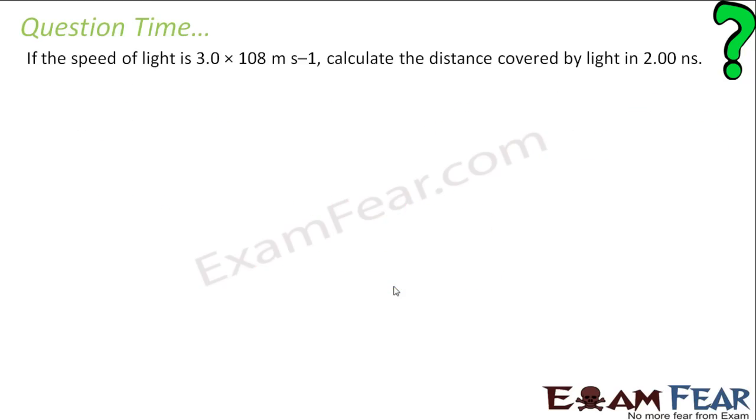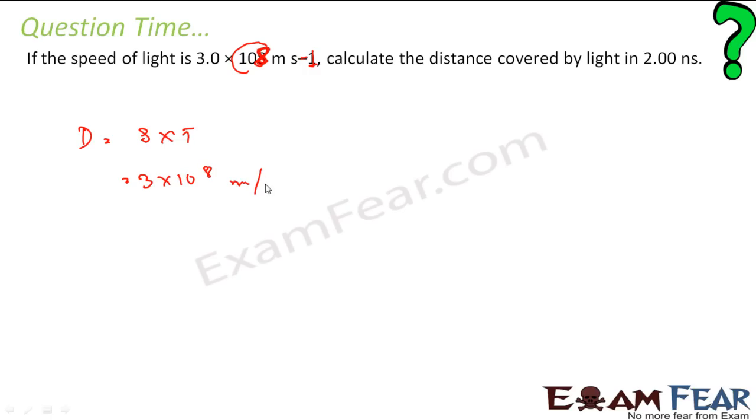So the question is: if the speed of light is 3 into 10 to the power 8 meter per second, find the distance traveled by light in 2 nanoseconds. So distance is nothing but speed into time. Here my speed is in meter per second, that is 3 into 10 to the power 8 meter per second.